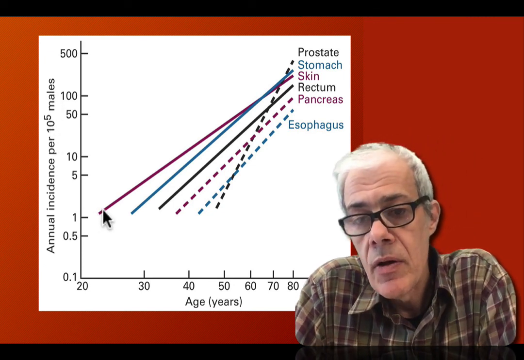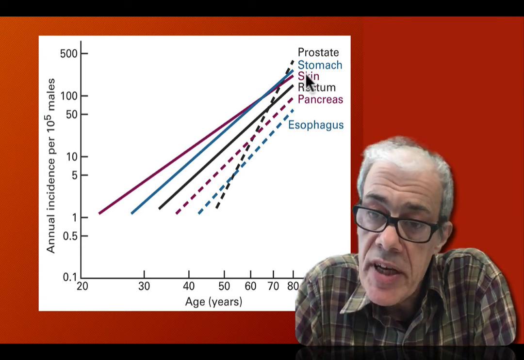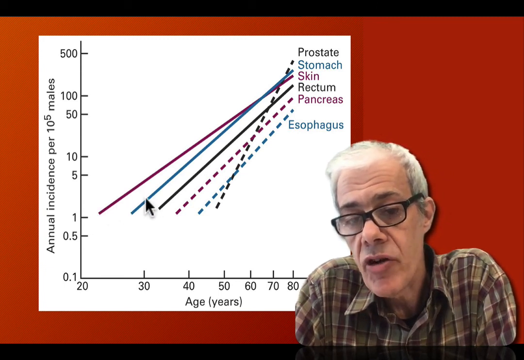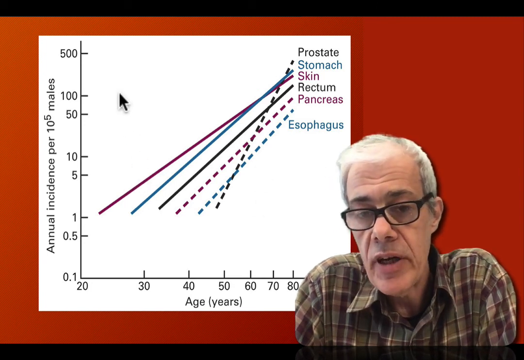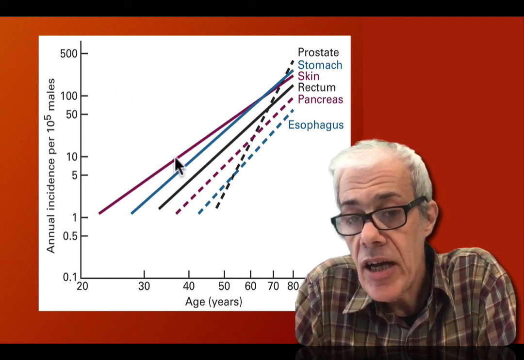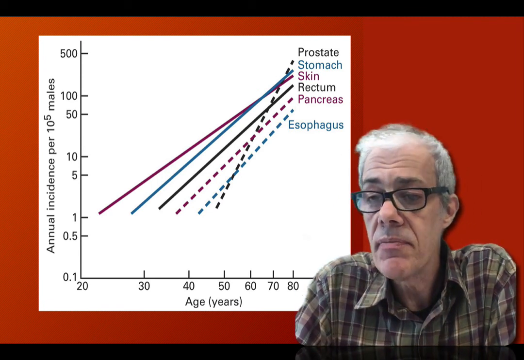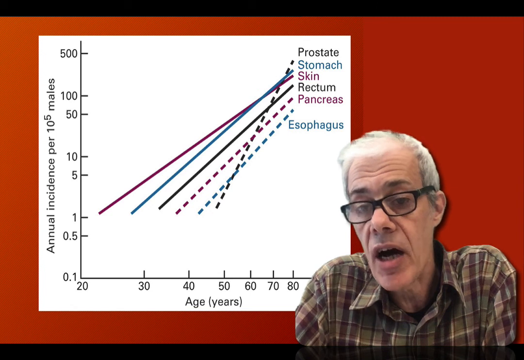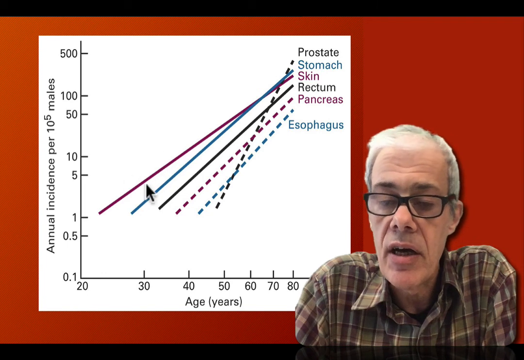For instance, there's a purple line here which represents skin cancer. Here we have the rate of skin cancer increasing with age. So as you get older, the rate of annual incidence of skin cancer increases. Now clearly, skin cancer is age-related. We're not going to talk about the effects of ultraviolet radiation and how that drives skin cancer, and in parts of the world where it's a high UV index, you get a lot more skin cancer. So it's just looking at generic effects.